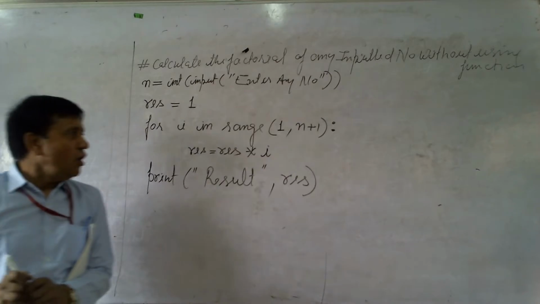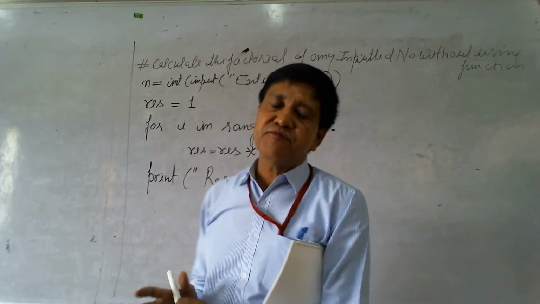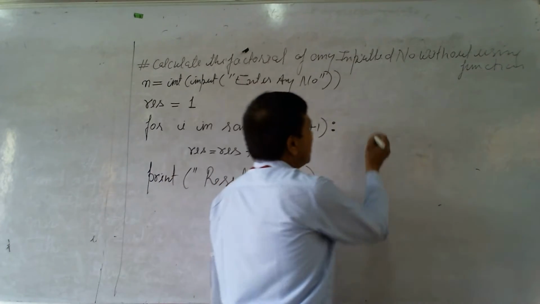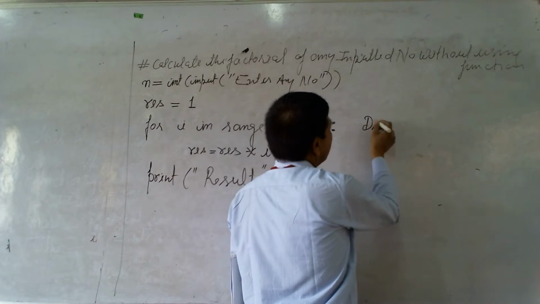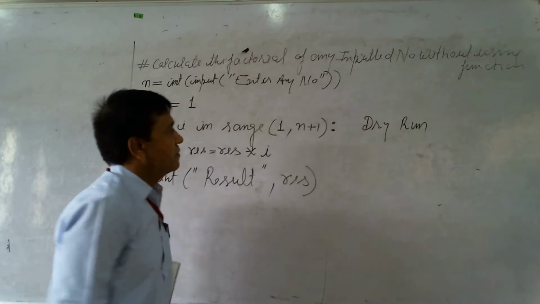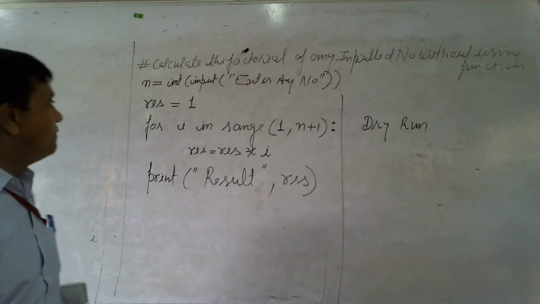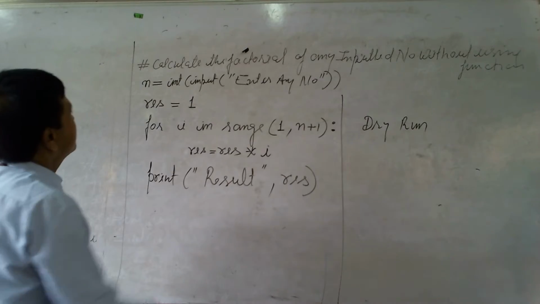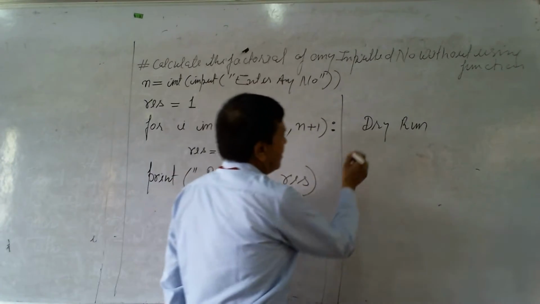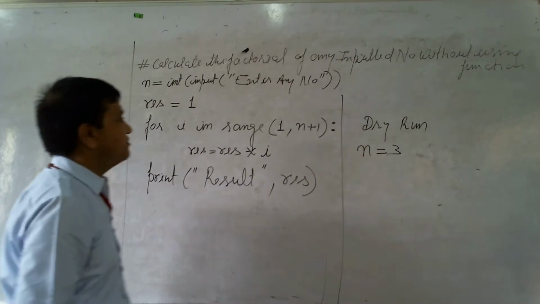Now I will show you how this program will execute, how this program will give the factorial of any number. I will show you with the help of this dry run. See, as I run this program, first of all this statement will be executed. And for example, I have taken n equal to 3. This is the number for which I have to calculate the factorial.